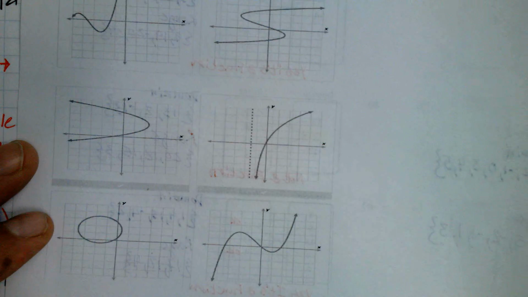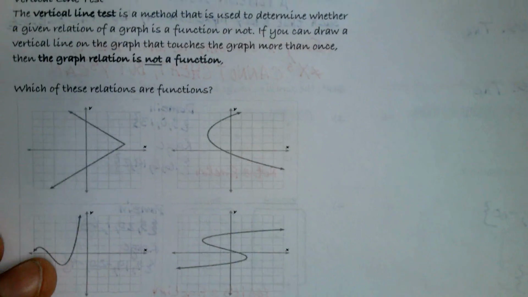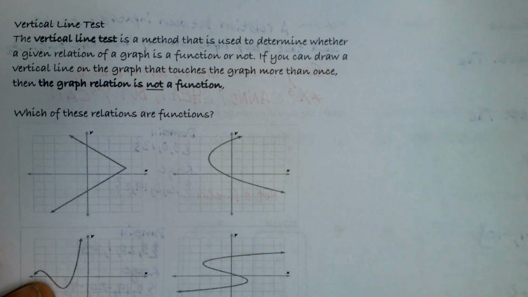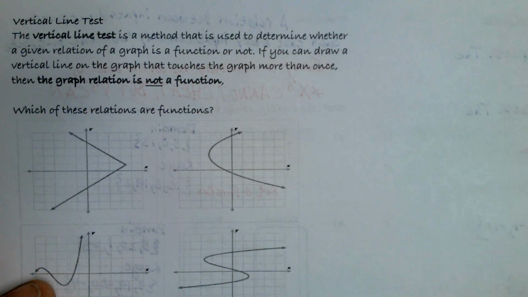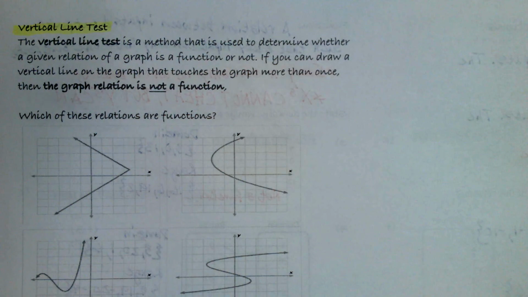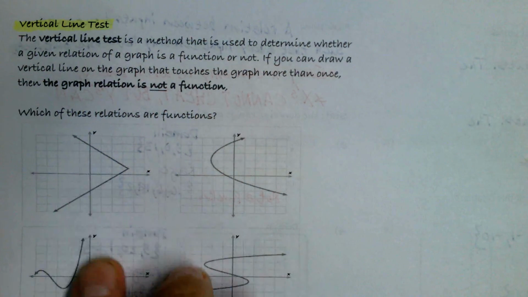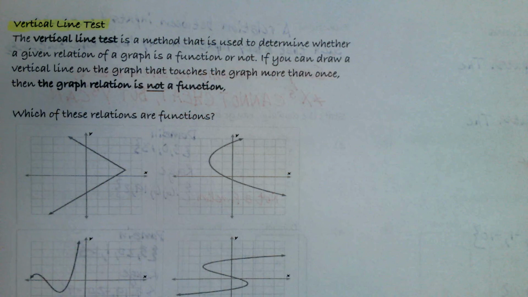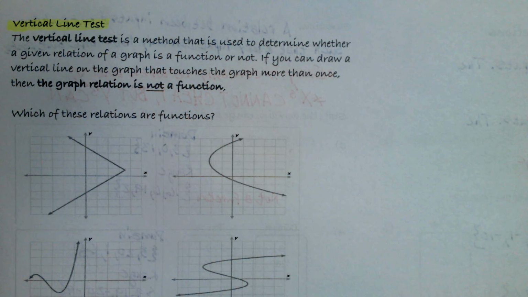So whenever you look at graphs like these, some of them are functions, some of them are not. And the easiest and quickest way to tell is by performing what's called the vertical line test. All right. And it's very easy. So here's how it works. So the vertical line test is a method that is used to determine whether a given relation of a graph is a function or not.